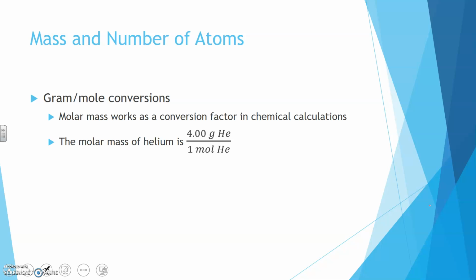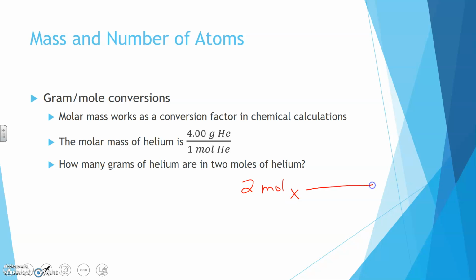So the molar mass of helium is 4 grams per mole. And you can see this is written more as a conversion factor, so you have 4 grams of helium over 1 mole of helium. So how many grams of helium are in 2 moles? At this point, you've got 2 moles as your given, and you're looking for grams, but you need to cancel these moles.